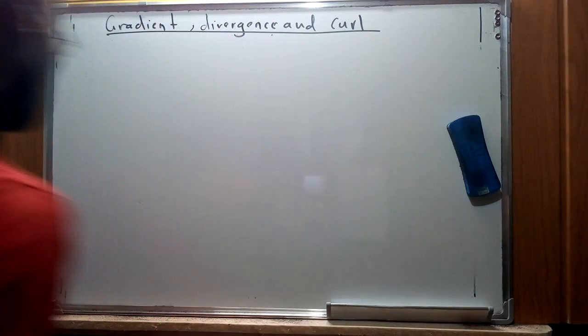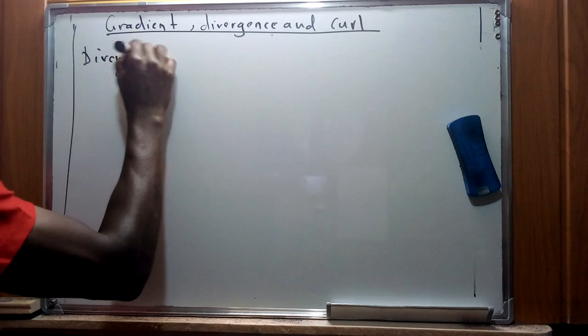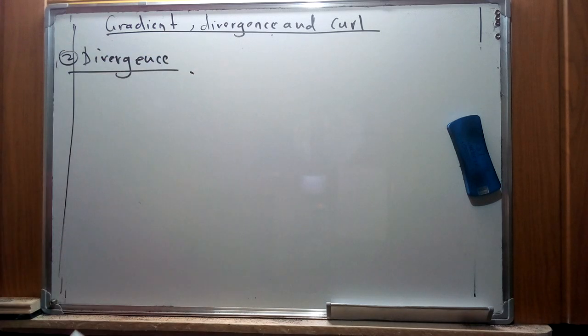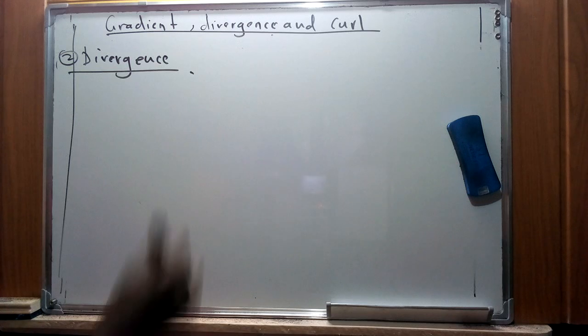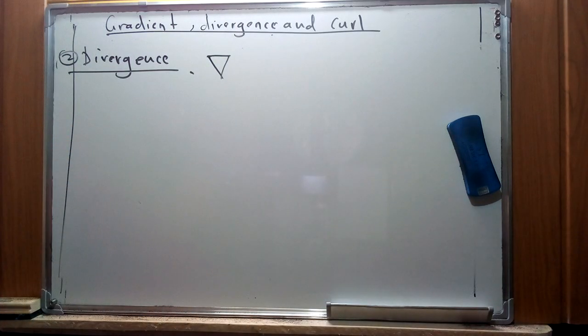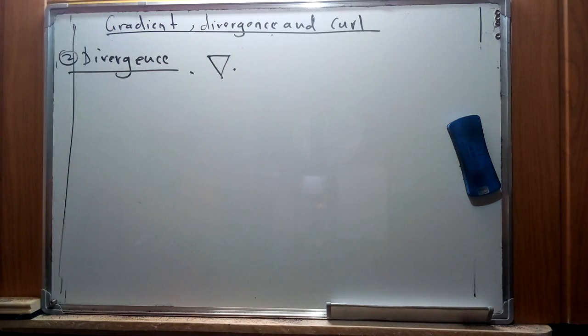So in that case, the divergence, which is going to form our number 2, is given as this vector differential operator dot A.